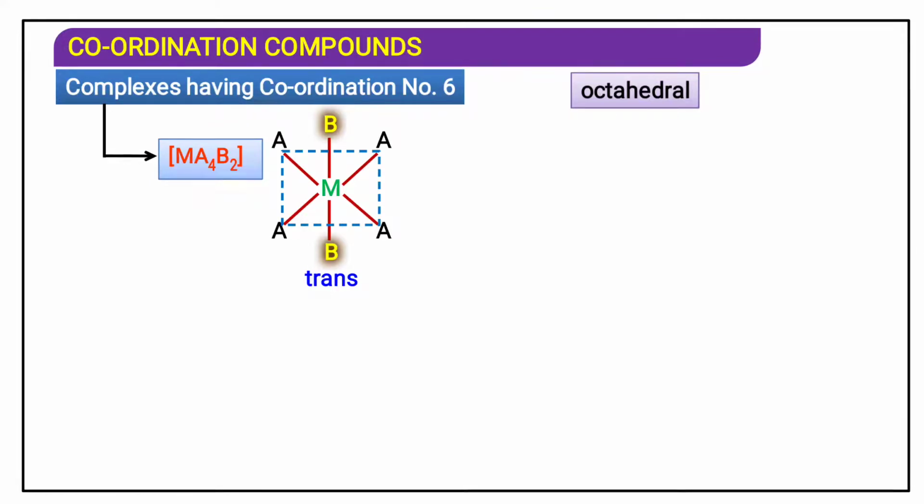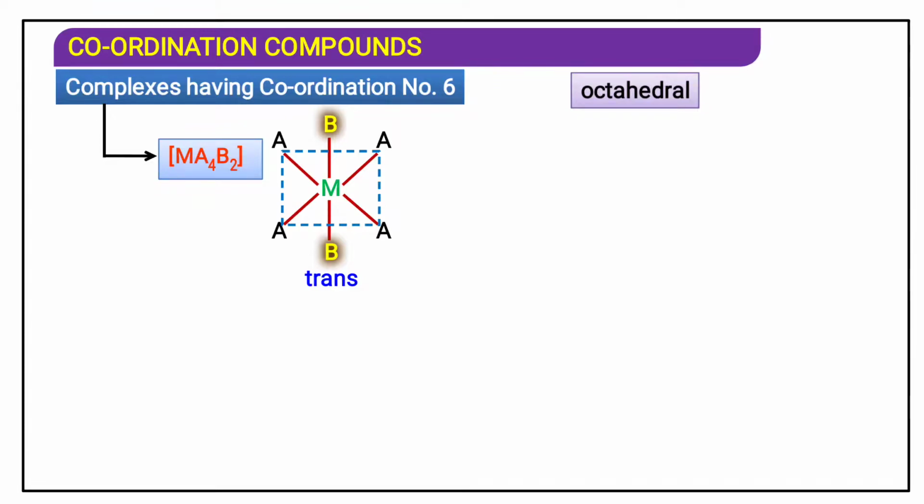So this position, remember carefully students, try to understand the numbering of this position. Suppose the first B, which is on the top, is numbered as 1. Then just listen carefully. Anything in the square plane can be numbered as 2.